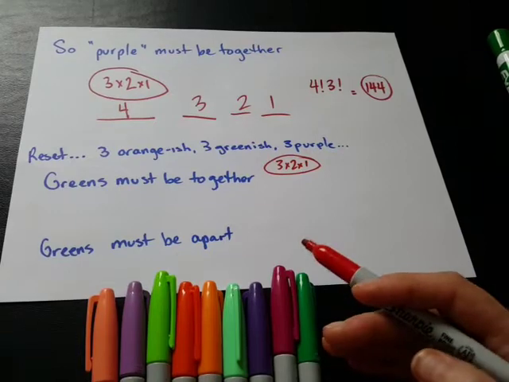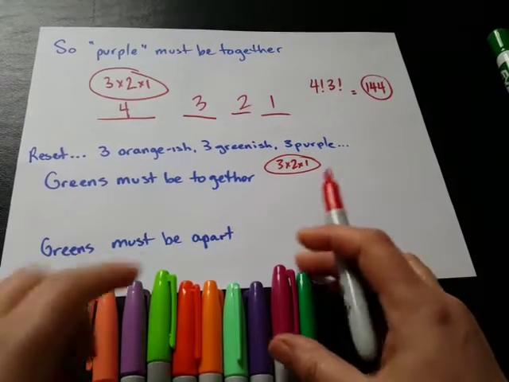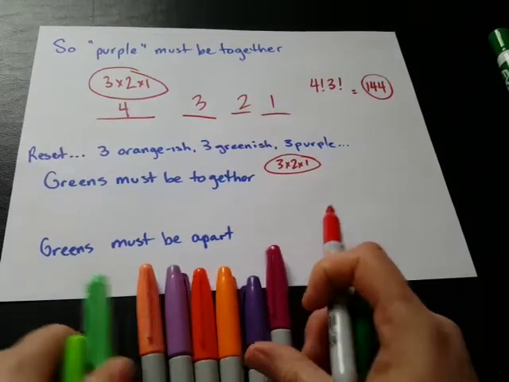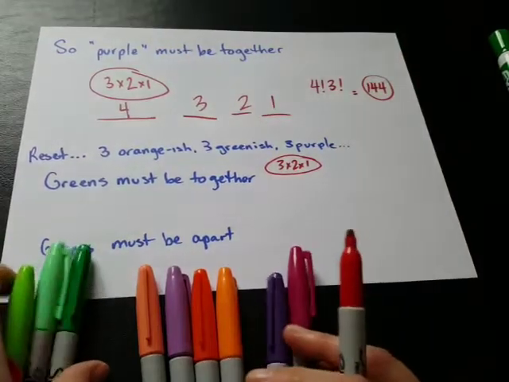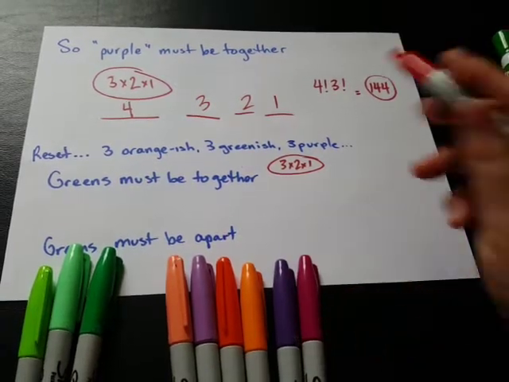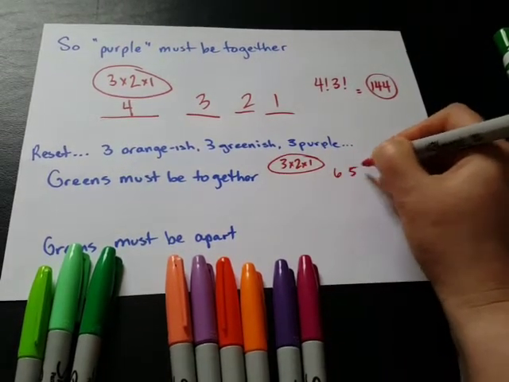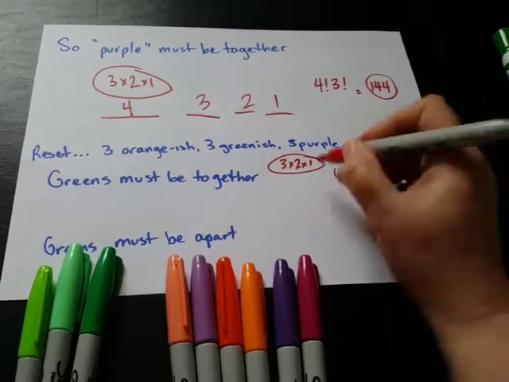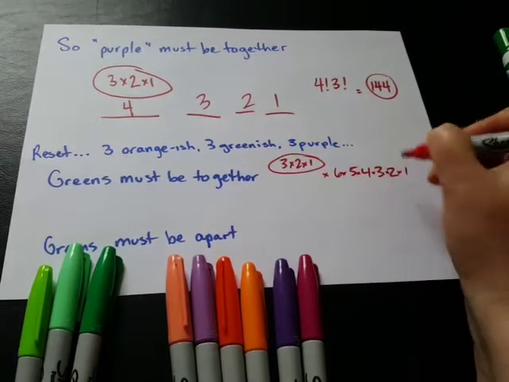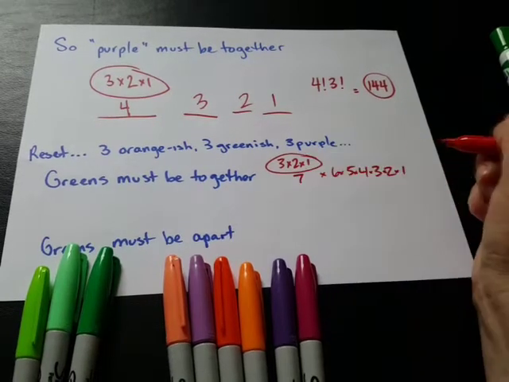So now I've got a total of 9 markers altogether. 6 of which I don't really care about. They're not in a chunk, and one that is a chunk.